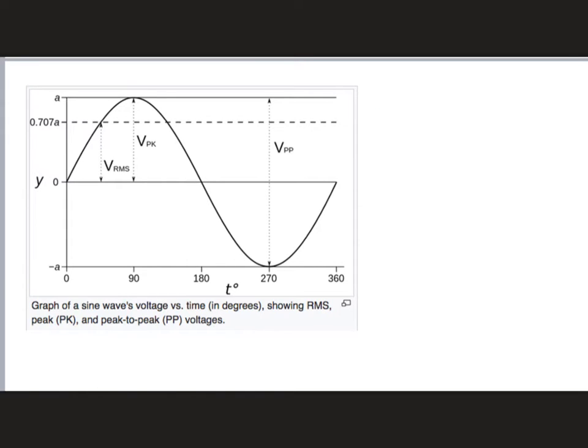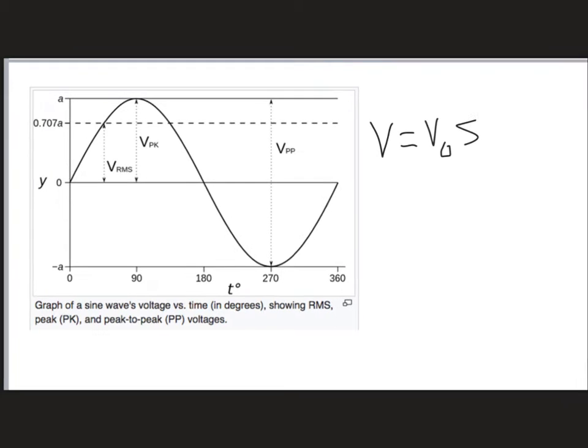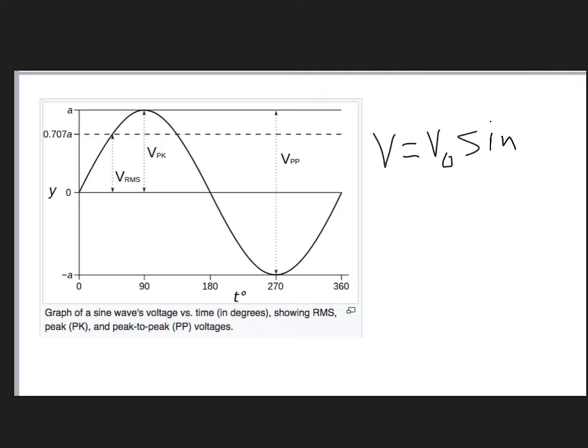Typically, you're going to have the voltage as a function of time, which is going to be given by something like V equal to some amplitude, we could call that V naught, times a sine of 2 pi f t.